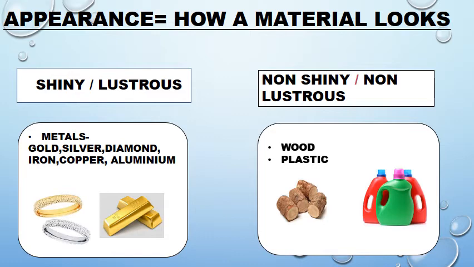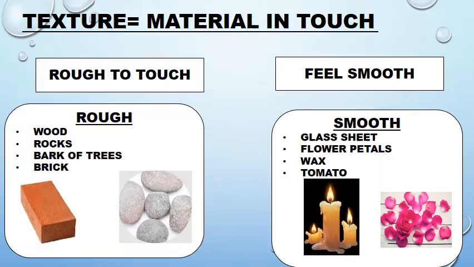For example, metals like gold, copper, silver, diamond, iron, aluminium, all are very shiny. Whereas wood and plastic are dull and non-shiny. So on the basis of appearance, we are able to group the materials.